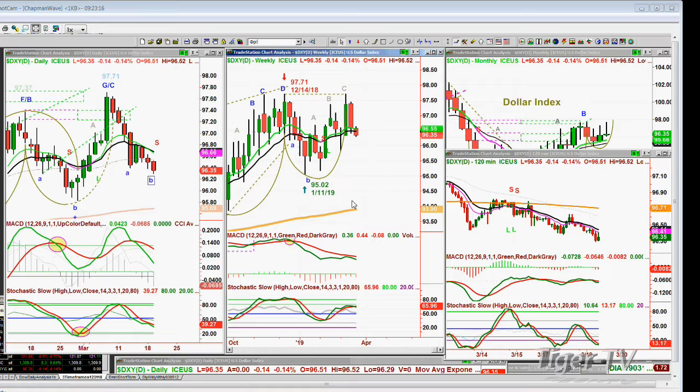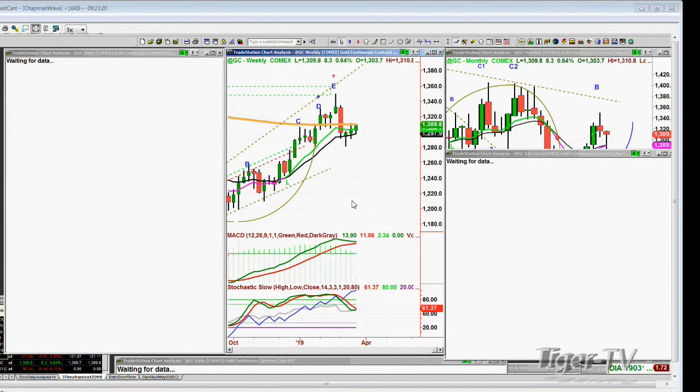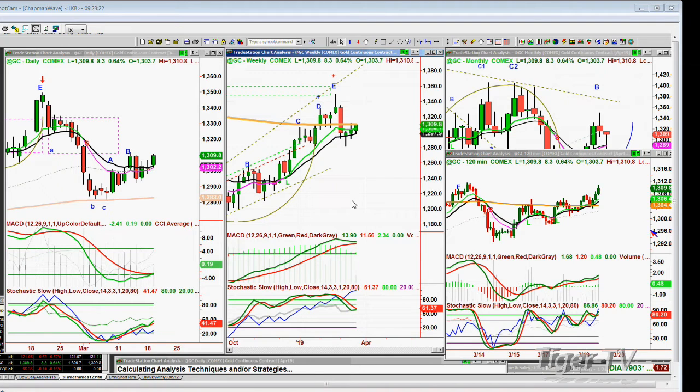Because if it breaks under that, then it's a deeper consolidation. If you look at gold now, up 8.3, look at the weekly chart. The weekly chart is walking the 14-period moving average. It's above the 9-period, the green line, bumping to the resistance at the orange line, the 14-period thick orange line, 14-period exponential moving average.